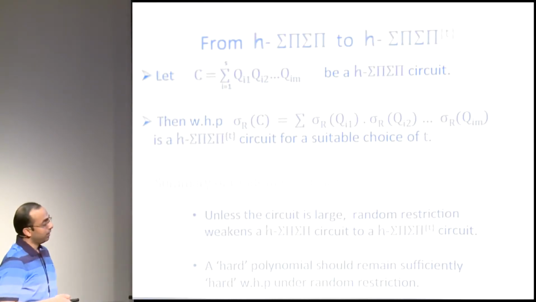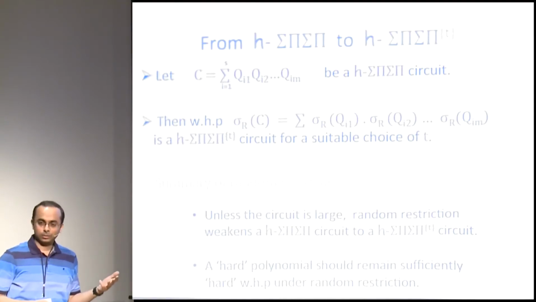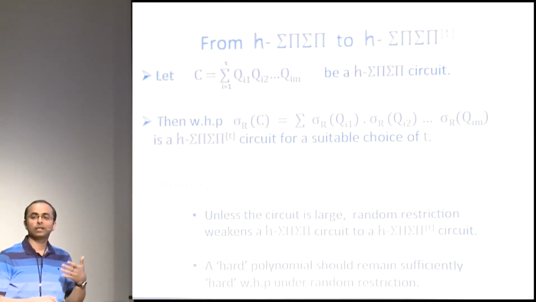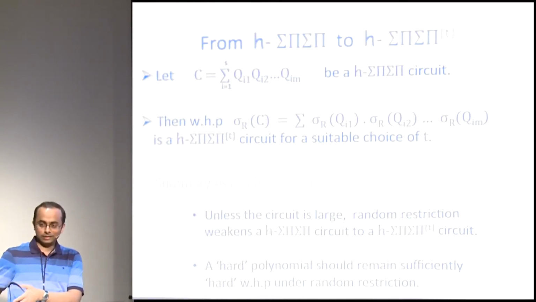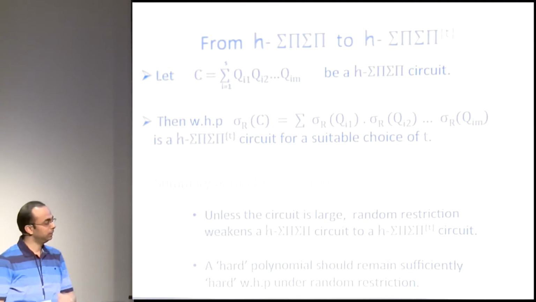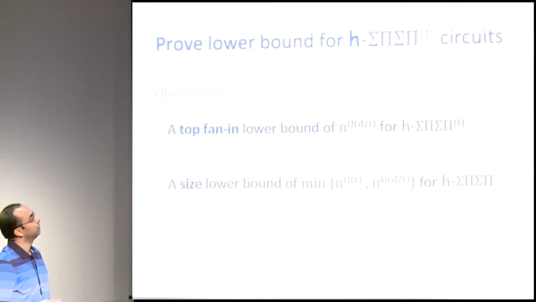On the other hand, if I really choose a very, very hard polynomial, I do expect that it will retain its hardness even under random restriction, because I'm still leaving a lot of variables intact. Although I'm killing off many, I'm still leaving many variables intact. So can this be used? This is the intuition: on one hand, I'm weakening the circuit, on the other hand, I'm not weakening the hard polynomial that much, hopefully.